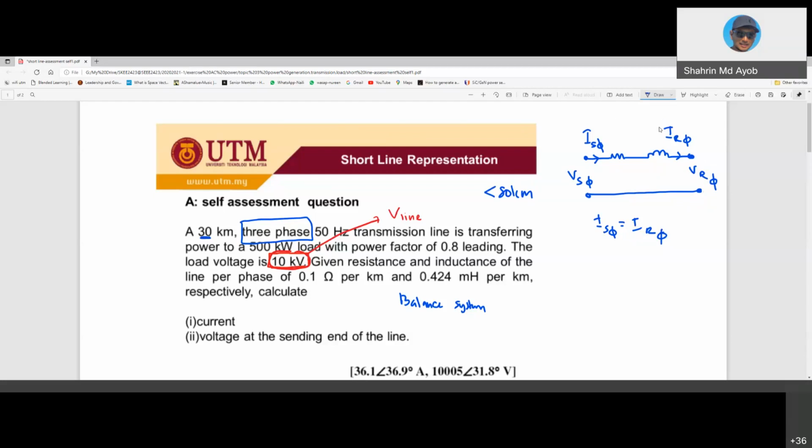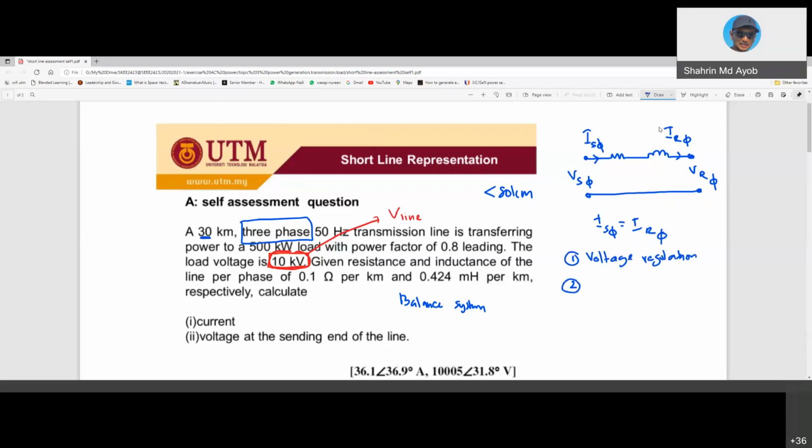For the transmission line, there are two performance parameters that we always want to analyze. The first one is the voltage regulation. Is there any voltage difference?